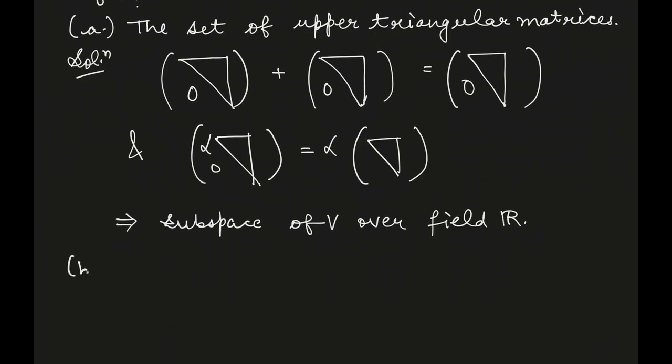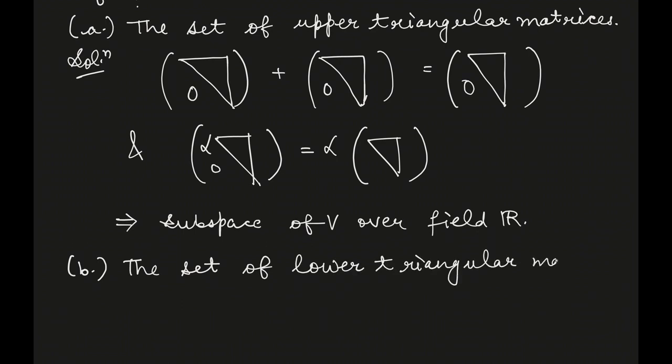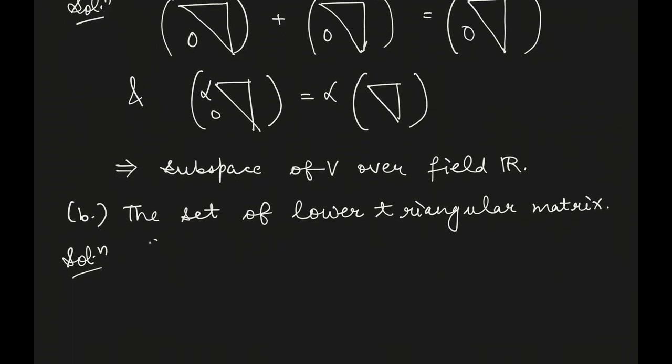B part, the set of lower triangular matrices. What is a lower triangular matrix? The entries above the main diagonal are 0.